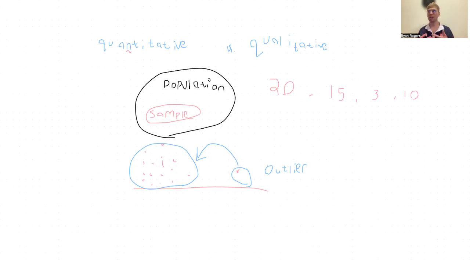A quality, something that cannot be measured on a number line, something that is not an integer, but is describing a feature, a quality. As long as you remember that, you're fine. If anything, just remember that the number one has an N, quantitative like number, and then the qualitative one would be the other one, right? So you only really need to remember quantitative and you should be good.